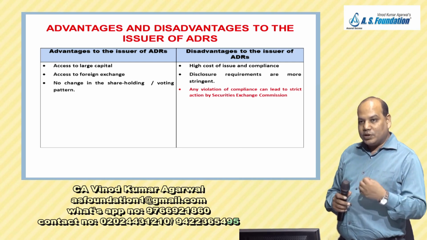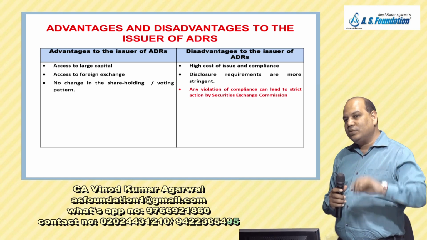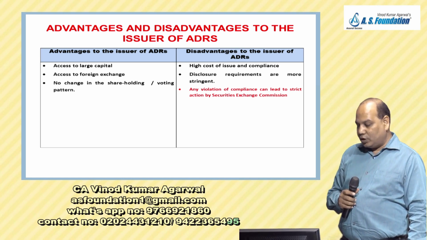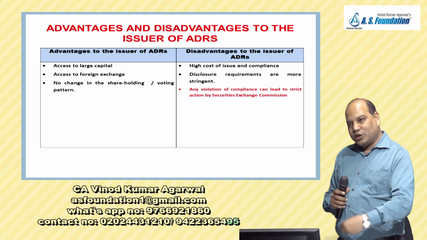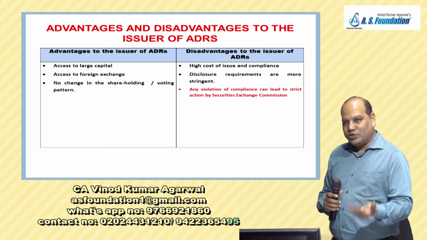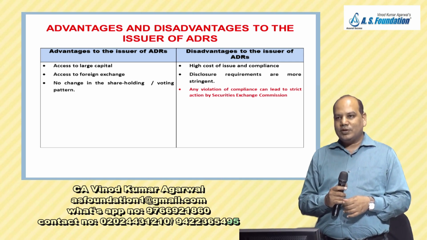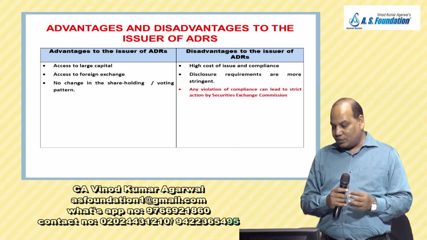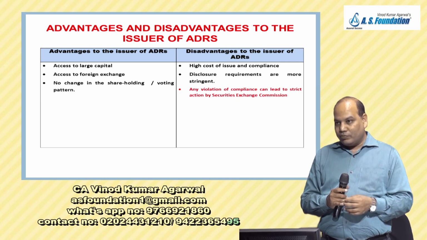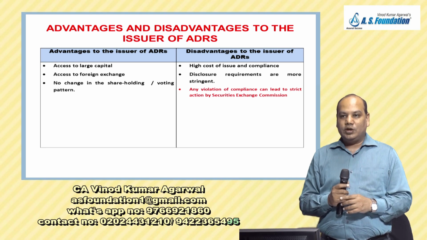Second, you are able to raise the funds in foreign exchange because American investors would invest in dollars, and that foreign exchange is required to execute many projects in foreign countries, to purchase capital goods, raw material, components, etc. So companies also get foreign exchange, which is again very important. And next is, as per the current regulation, ADR holders do not have voting rights.